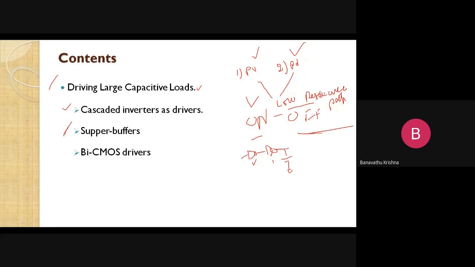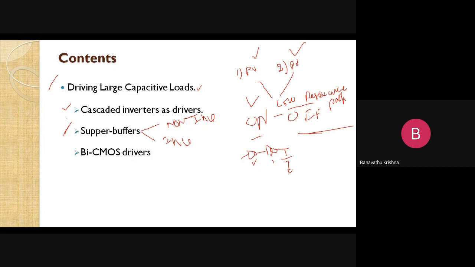In super buffers I want to discuss two things: non-inverting super buffers and inverting super buffers. A buffer is simply used to transfer the signal from the input side to the output side.